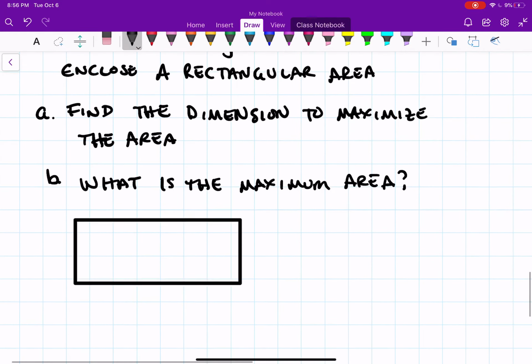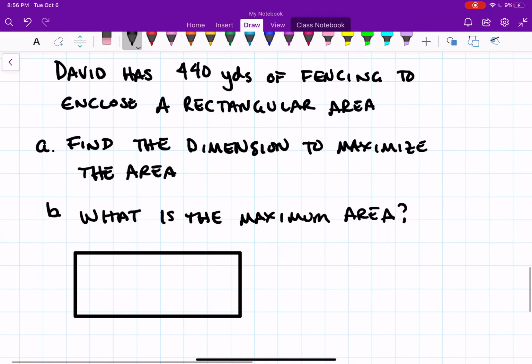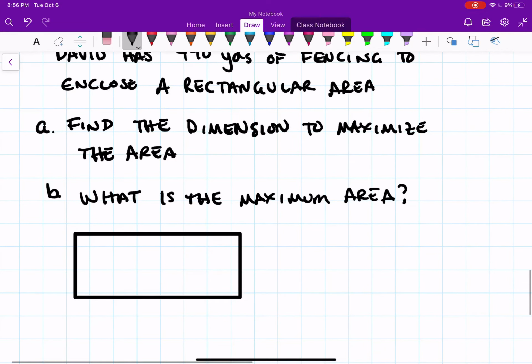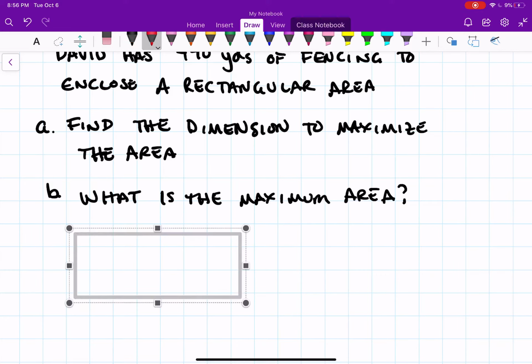So it's a rectangular area. That's all I know, right? They got 440 yards of fence. So where's the fencing going to go? Is it just going to lay right on top of this thing? No, right? It's supposed to go all the way around. It's going to go around that area.